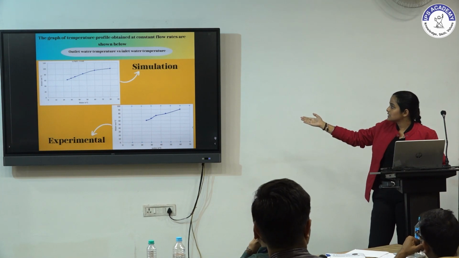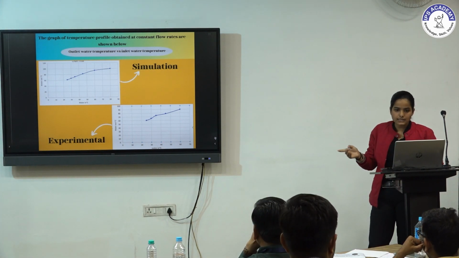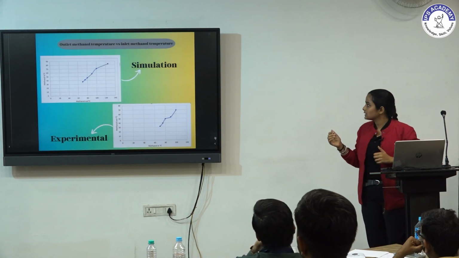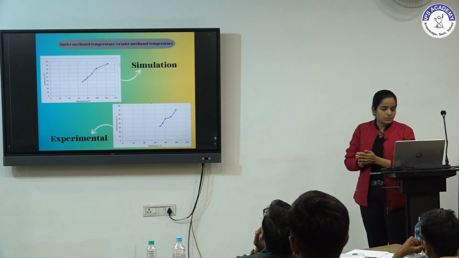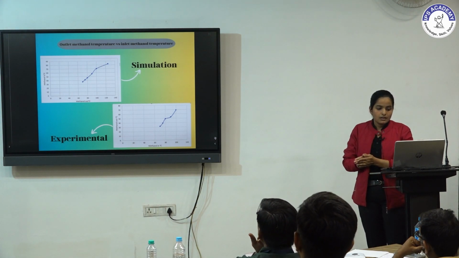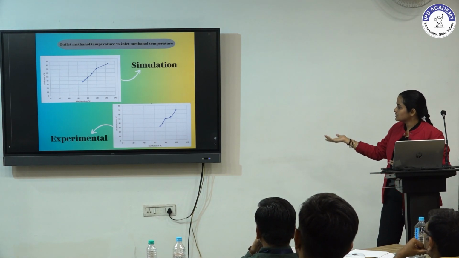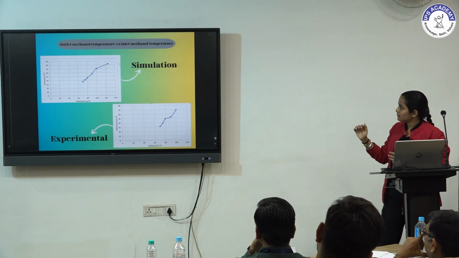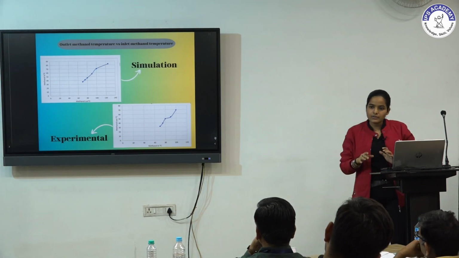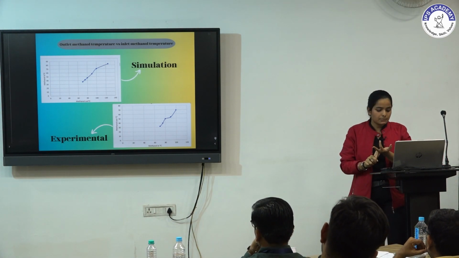Here also we can see the deviations in the simulation and the experimental graphs. So these are the graphs for outlet methanol temperature versus inlet methanol temperature. Similarly, we can see the deviations here too. So we will get these deviations every time we perform an experiment and a simulation.